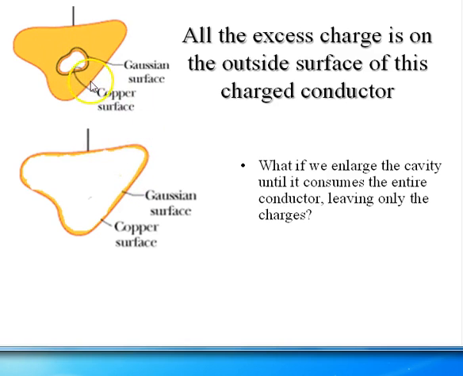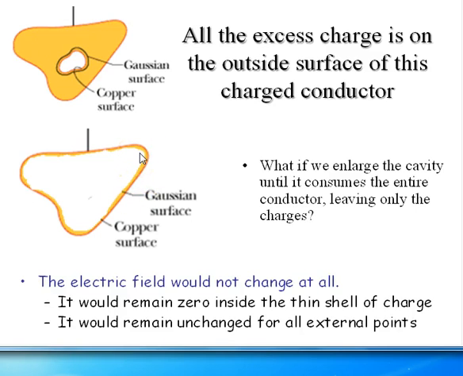What if we take this cavity and we continue to make the cavity larger so we have less and less conductor? We continue to apply that Gaussian surface. There's still 0 electric field inside the conductor. So we can continue to remove the conductor, and what we can be left with is only the charges.